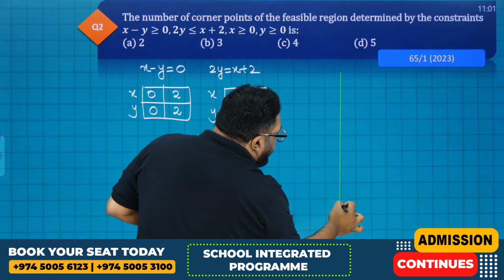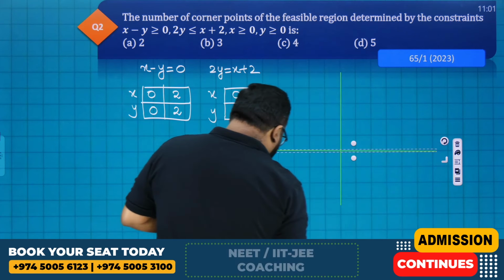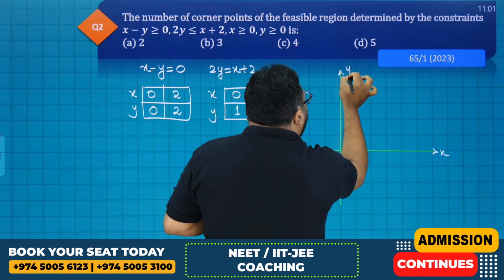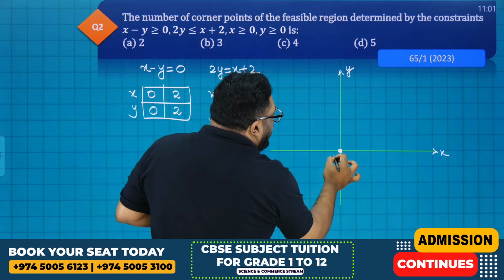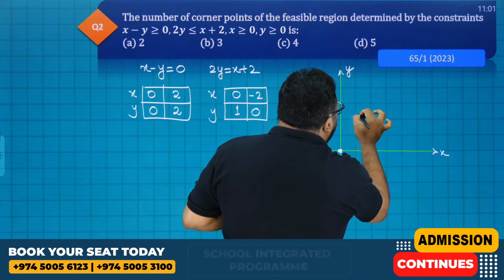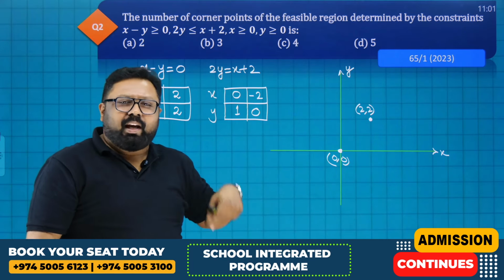So when I plot the graph, this is going to be my graph. I'm drawing the x-axis and the y-axis. The first point is (0, 0), and then it goes to (2, 2). My dears, I am only interested in the points on the axis.